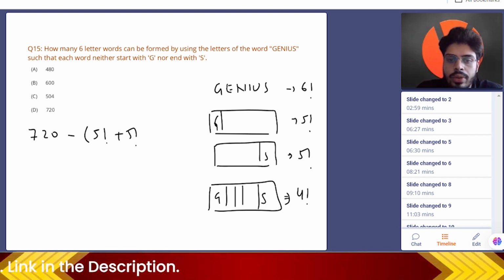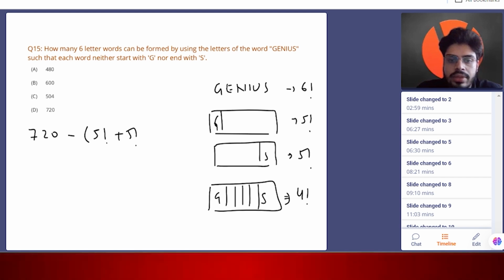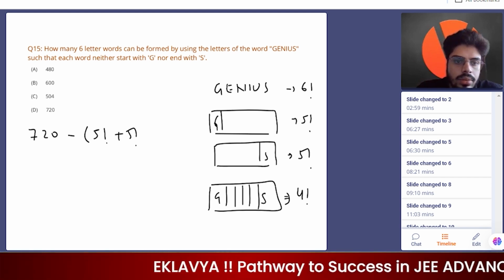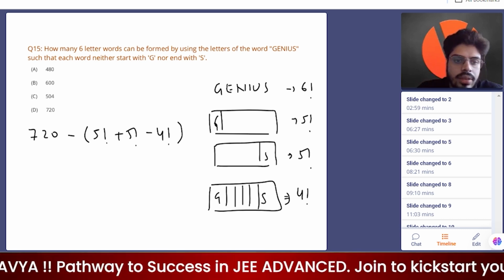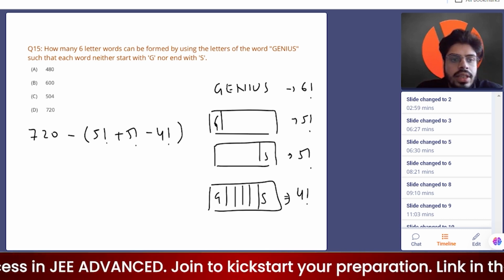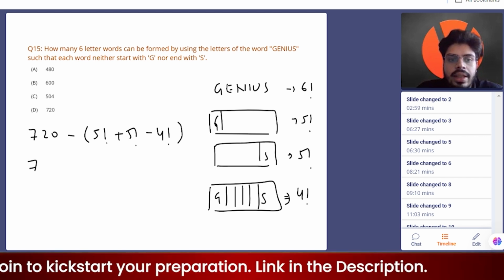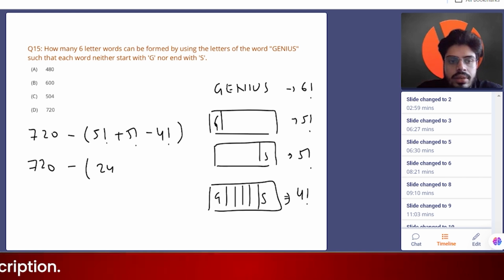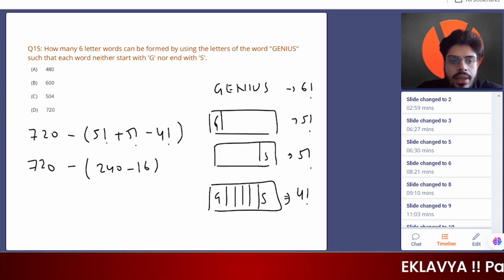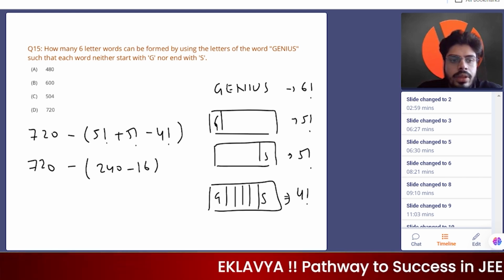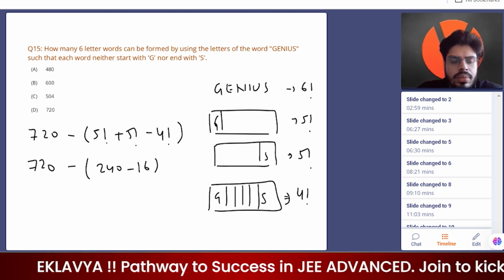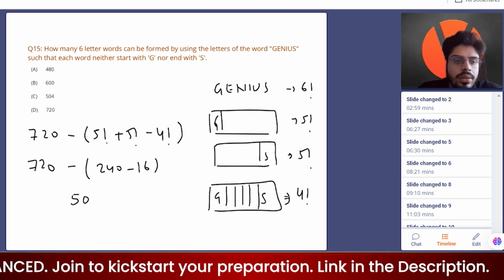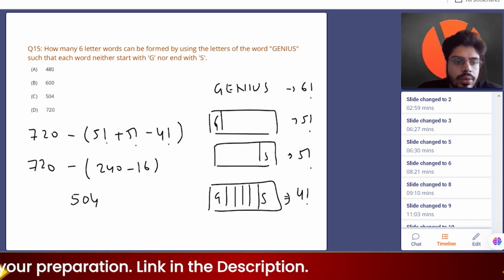This will be 4 factorial, because 4 places are left. So first I subtracted the 5 factorials, and then I will add this 4 factorial. So 720 minus 240 plus 24, 720 minus 240 will be 480, and then 504. So answer will be 504.